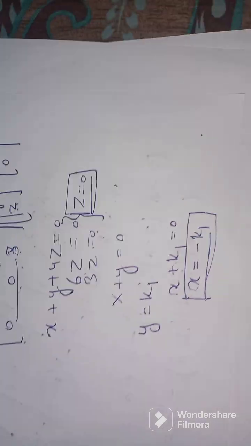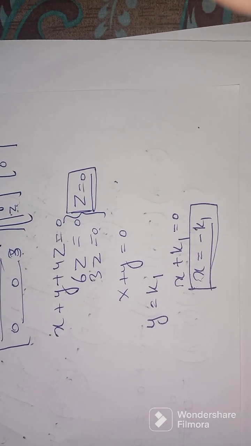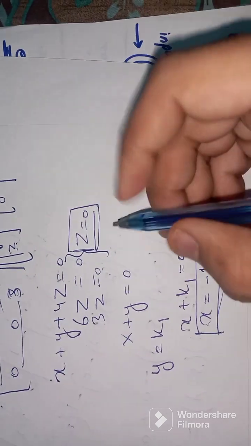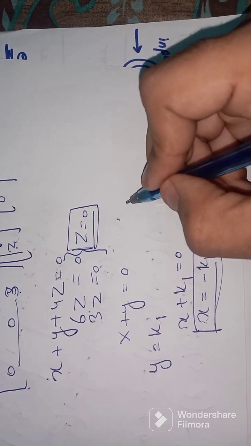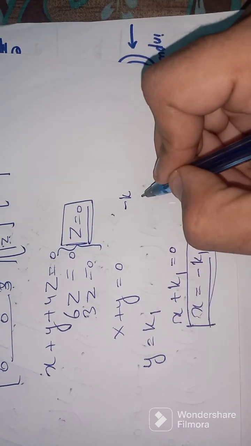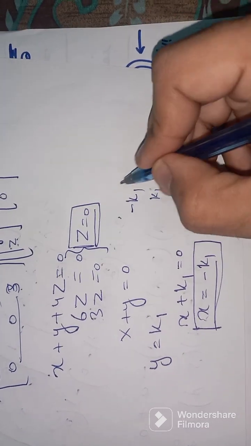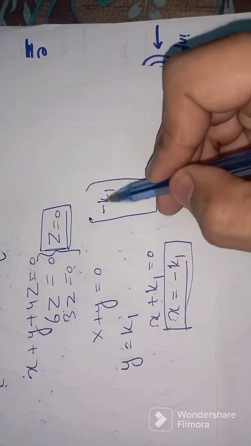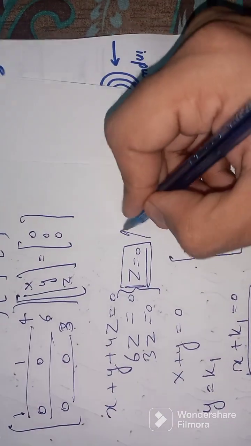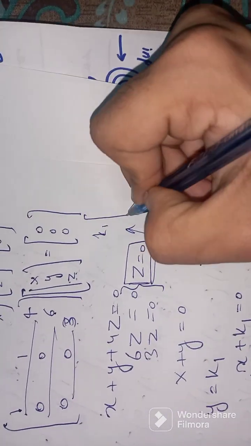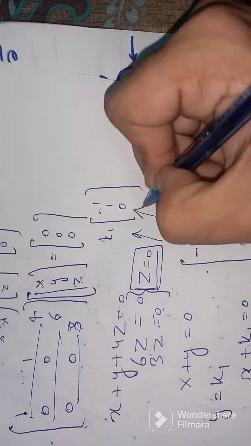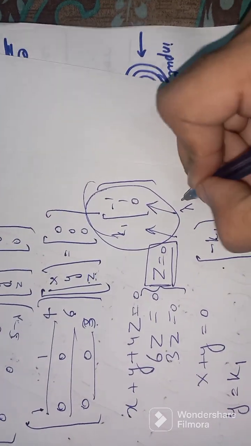Now using these three values, z equals 0, y equals k1 and x equals minus k1, take k1 common. Let me solve this here. K1 common, you will get minus 1, 1 and 0. So this is our eigenvector on lambda equals 2.